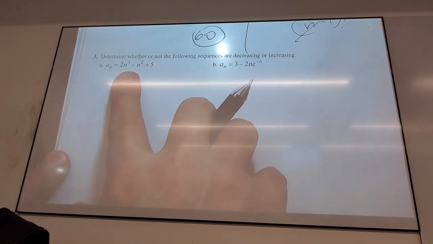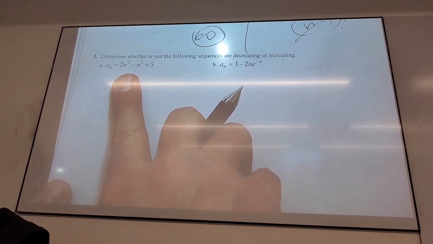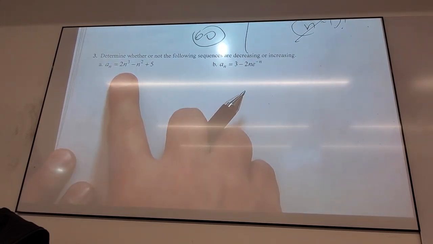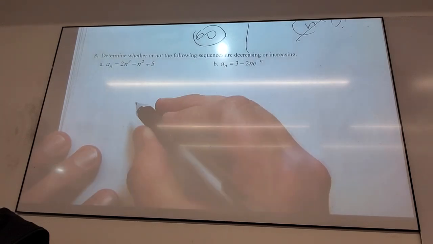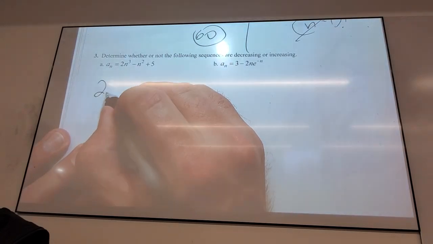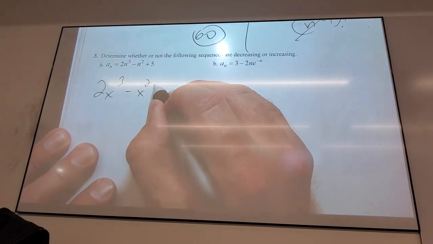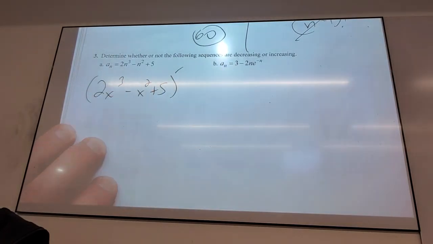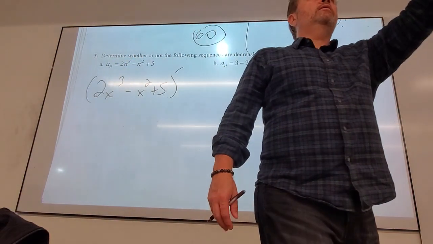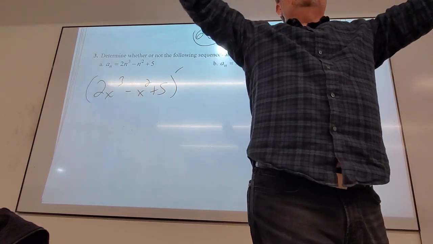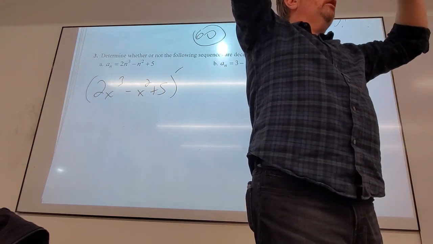Now, there are 2 ways to do this. Did anybody try 3a yet? What did you do? Good, so I would highly recommend converting this to the associated function of x and taking its derivative. You actually could throw an n plus 1 in, cube it, square it, distribute, and so on, and you could see.